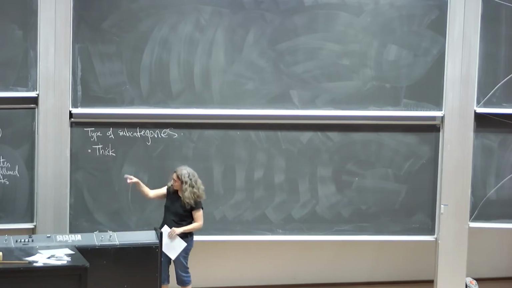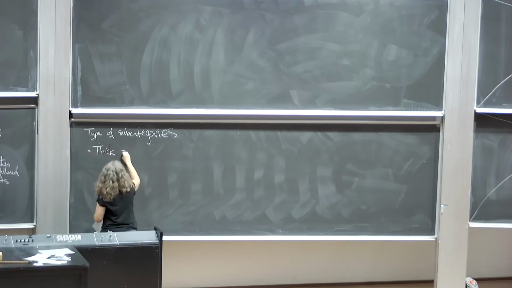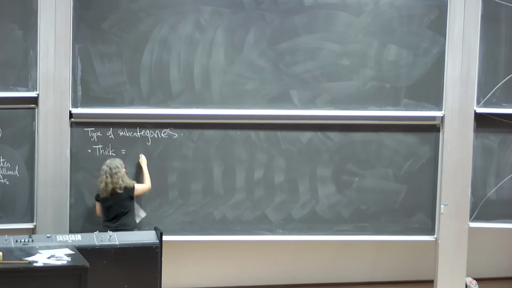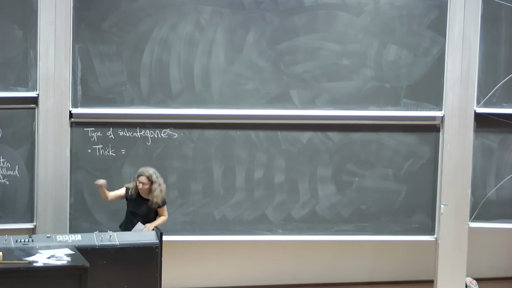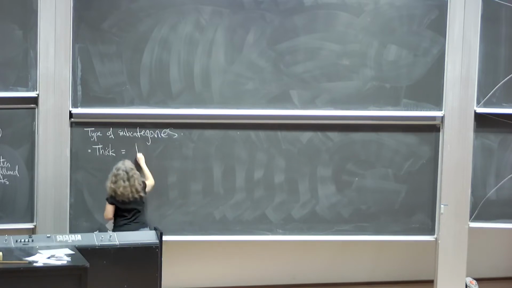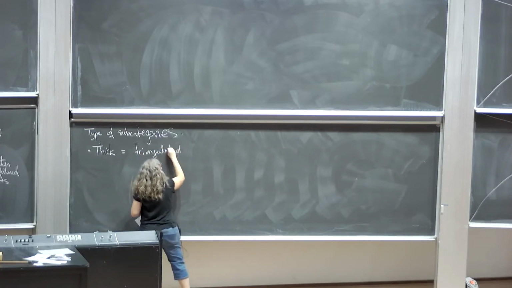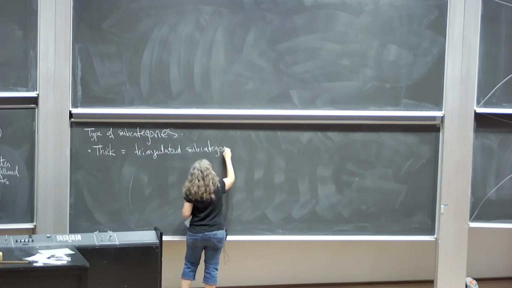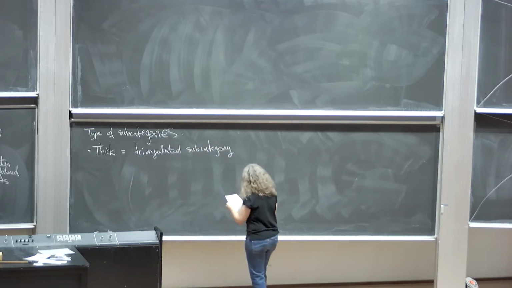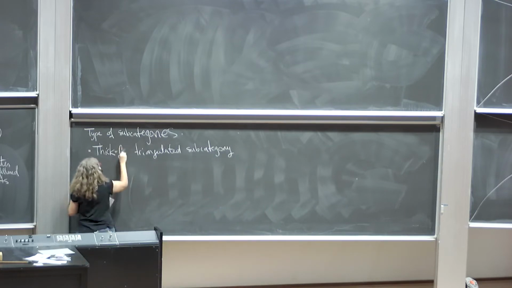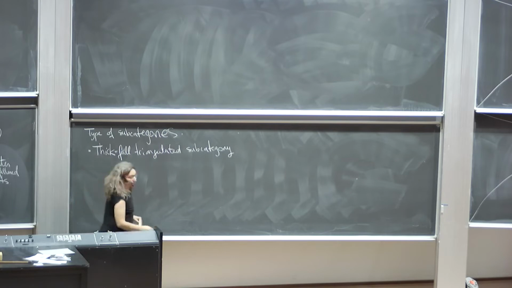So in this language, a thick subcategory will be a triangulated subcategory. So it's closed under the triangles and the cofiber sequences. Let me say full. It will be a full triangulated subcategory.